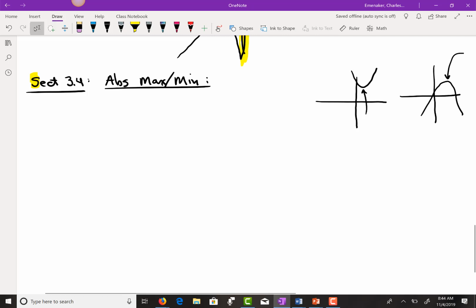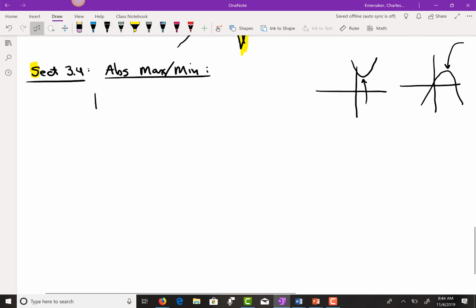There are, however, scenarios where the graph might do something like this. Does this graph, as it's pictured right there, have an absolute maximum point?